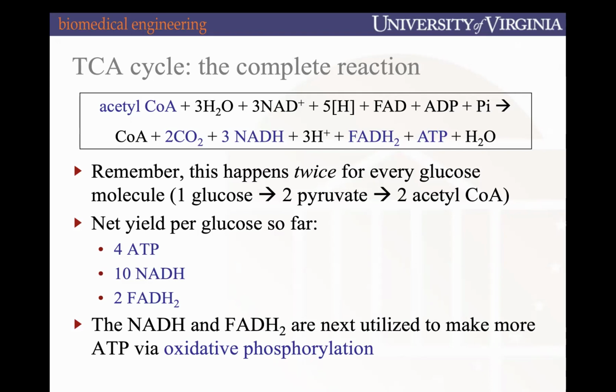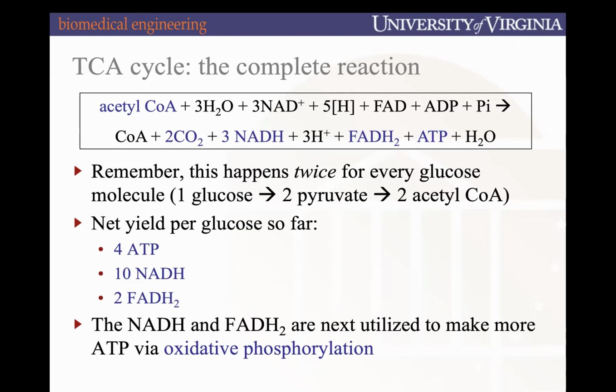It's important to know that for every glucose molecule, we're getting 2 pyruvates, which will become 2 acetyl-CoAs. So for a total inventory of what's happening here, if we include the intermediate step of pyruvate becoming acetyl-CoA, we're going to end up getting overall 2 ATP.